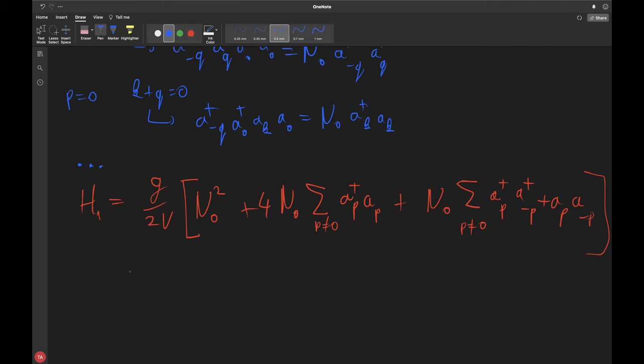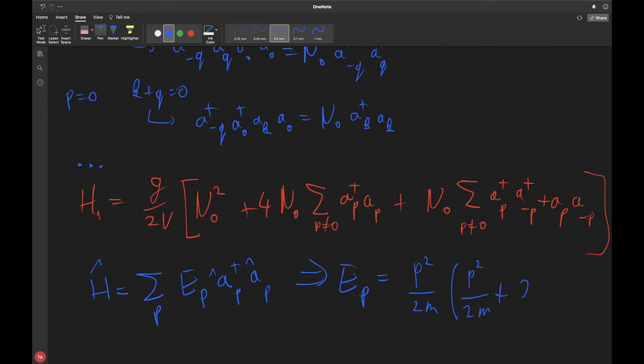After we diagonalize the Hamiltonian so that it has the form H equals the sum over p of E p, a p dagger a p, these are of course operators, the energy states E p will be in the form of the square root of p squared over 2m multiplied with p squared over 2m plus 2 n g over m.